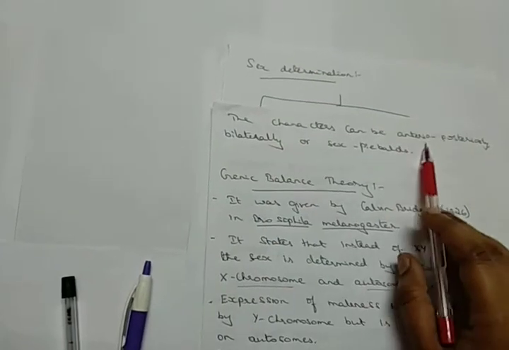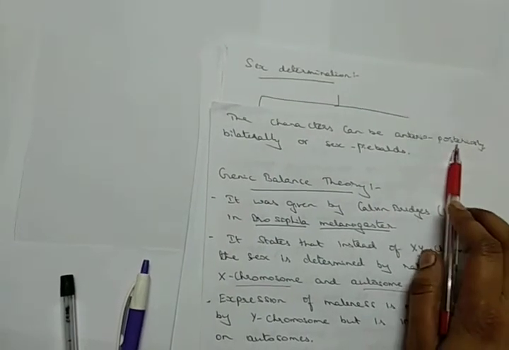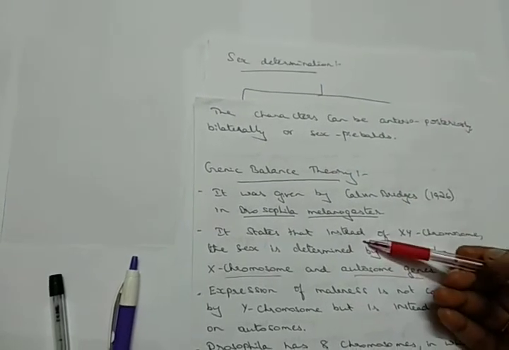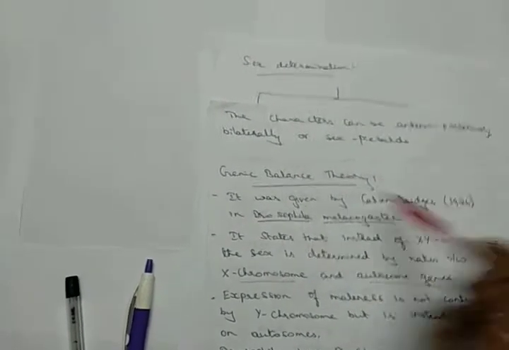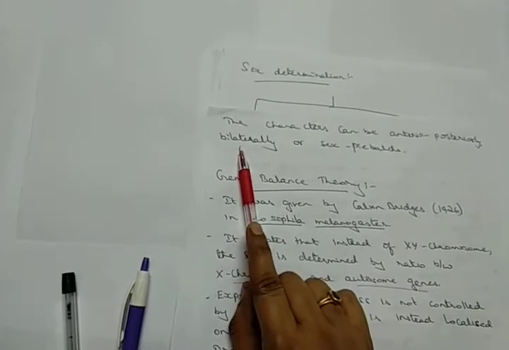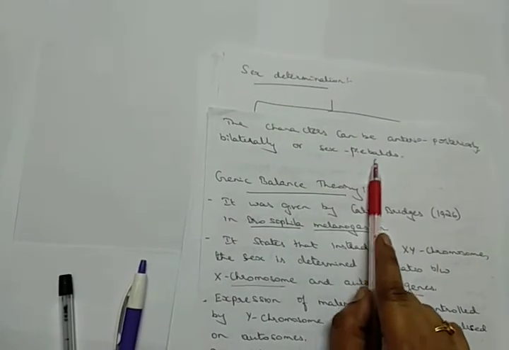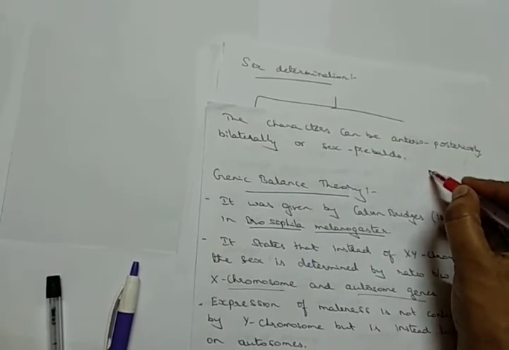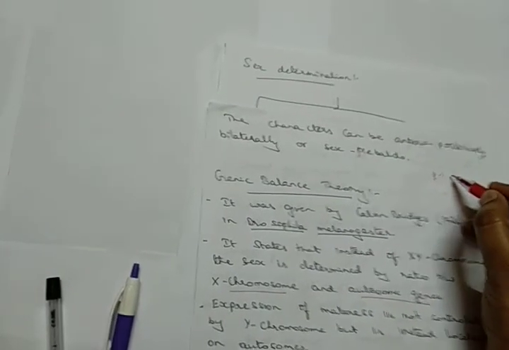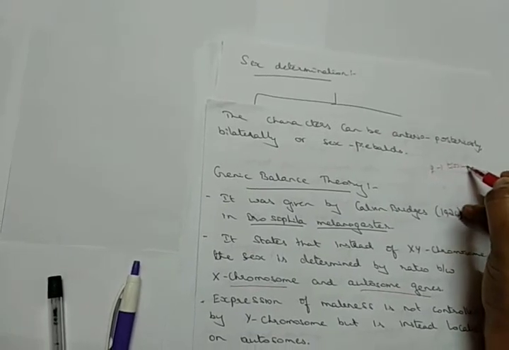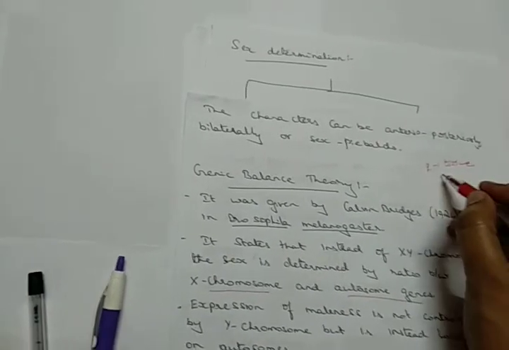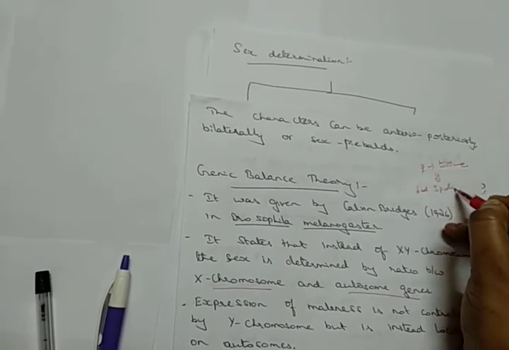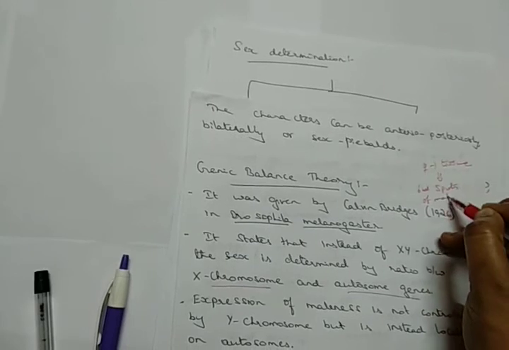So the gynanders, as I told, may be anterior-posterior in nature, where anteriorly half the body may be female and posteriorly half the body may be male, or it may be bilateral, or the sex piebald. The sex piebald is a female animal whose tissues are also from the female body only, but they show certain spots of male also.